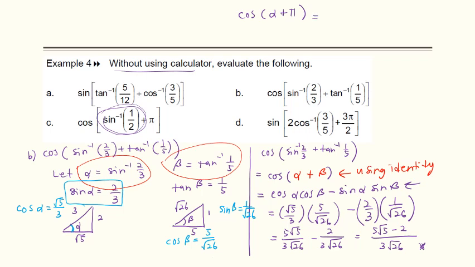So dia akan jadi cos alpha cos pi tolak sin alpha sin pi. Gitu. Okay. Nanti carilah cos alpha ni apa. Cos pi apa? Cos 180, cari. Okay. Right. Okay. So tu saja, yang lain boleh try sendiri. Okay, next.